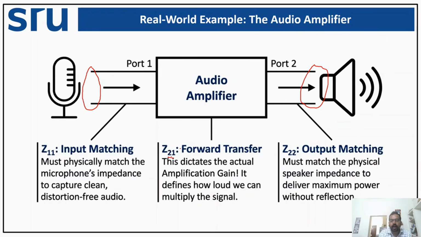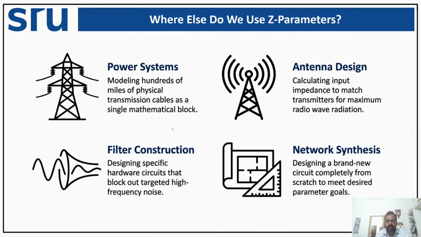It defines how loud a signal we can transfer from the input port to the output port. That is the reason we take Z21 rather than Z12. It is the ratio of V2 by I1. We apply an input at the first port and see the response at the output port.